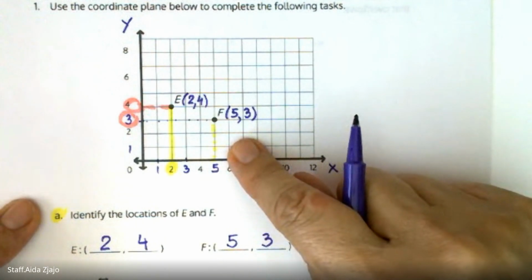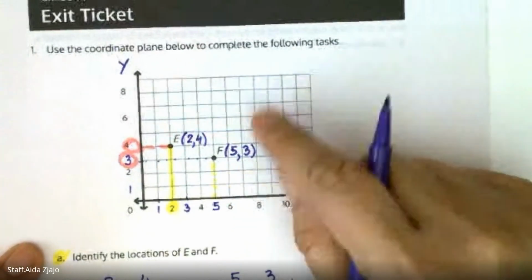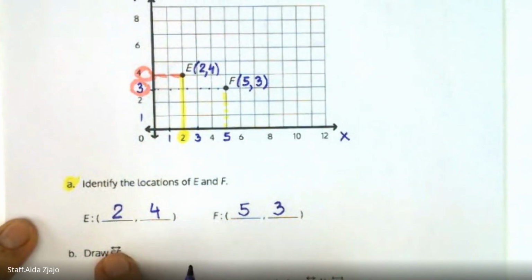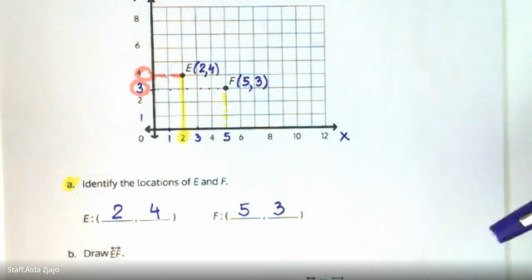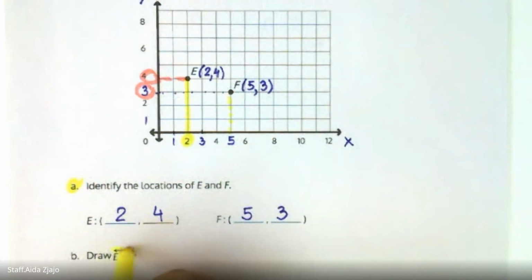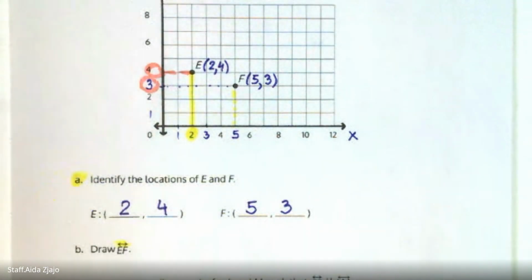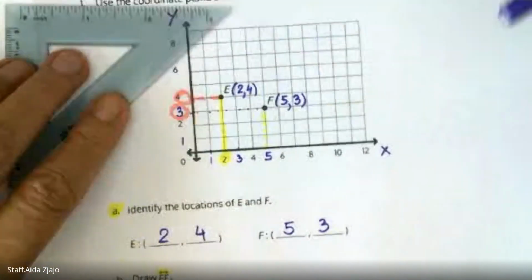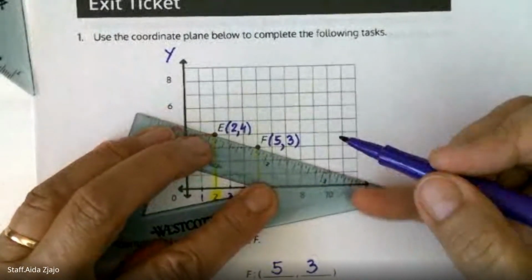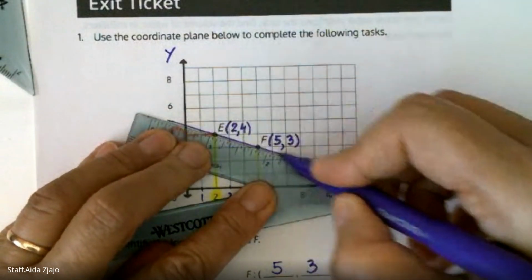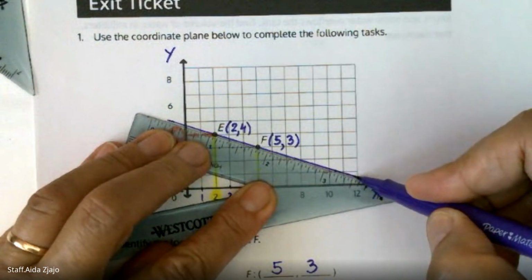Okay, so now the next, this has to be letter B, draw line EF. You can see that this is not a line segment, it's a line because it has arrows on both sides. So line EF, I can connect E and F. And I can make a line as long as I want it to be, right?